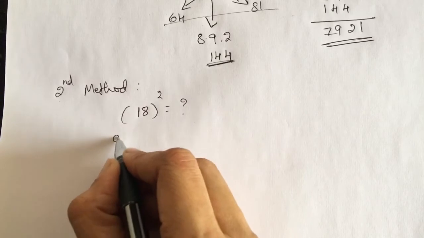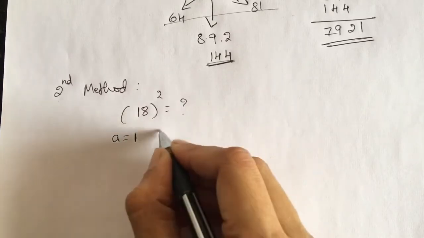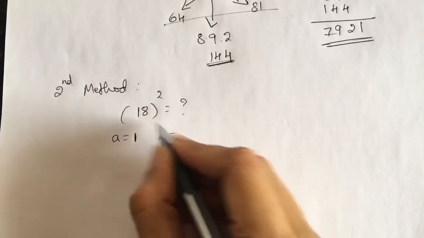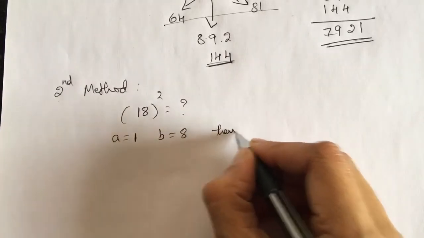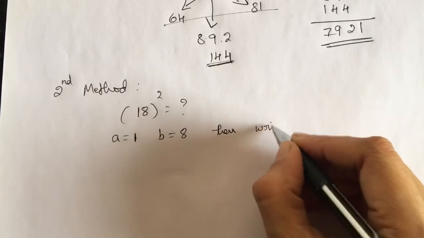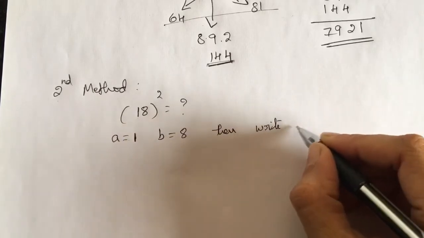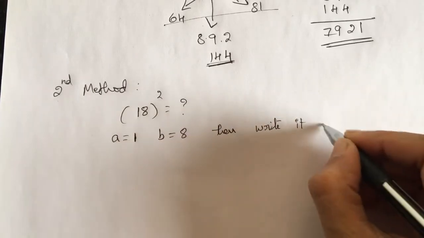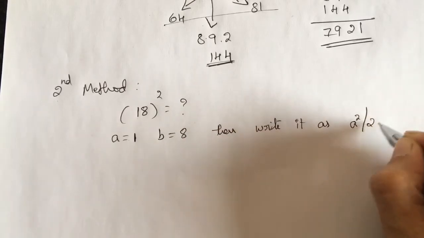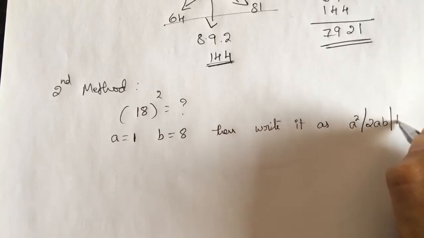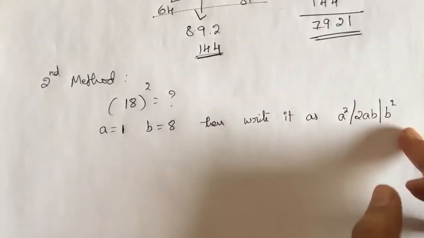Take this number's first digit as A, which is 1, and B as 8. Then write it like this: A square bar 2AB bar B square. I'll tell you what it means.